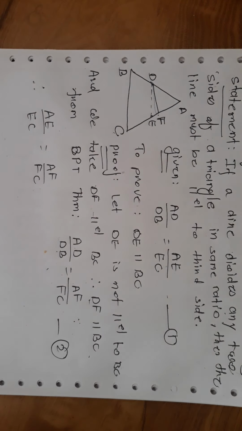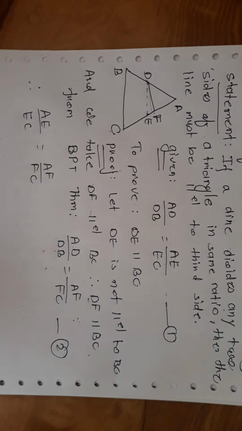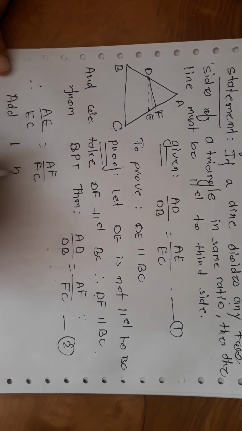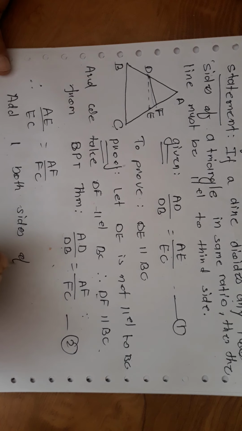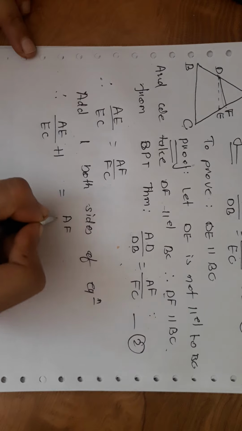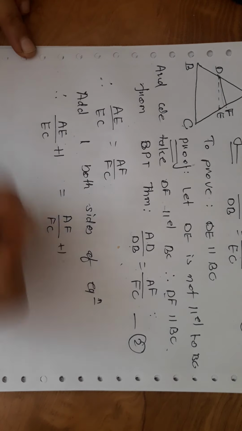Now add 1 to both sides of this equation. We have AE upon EC plus 1 is equal to AF upon FC plus 1.